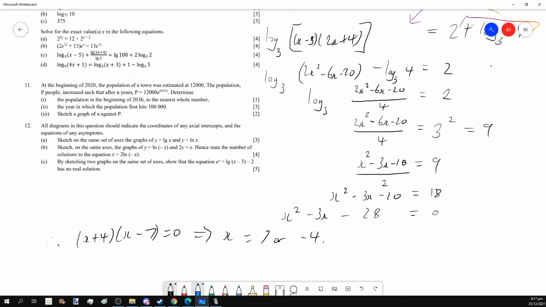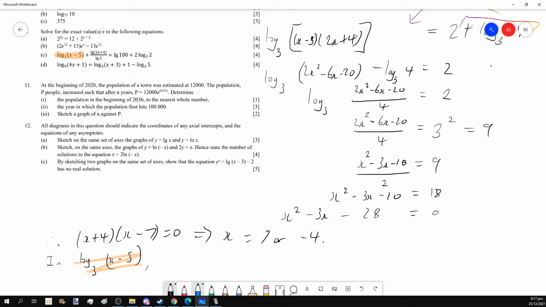Now remember, always check for fake news. In this case, I will tell them in log 3 of x minus 5, and log 3 of x minus 5 came from the original question. Look at the top left. It's not from my working, it's literally the original question itself.